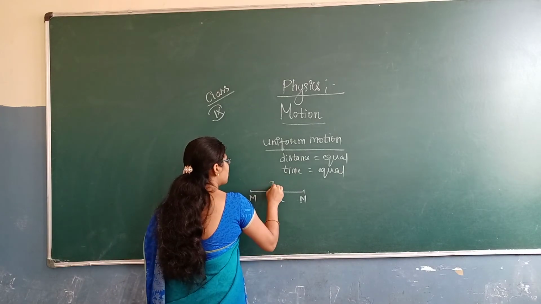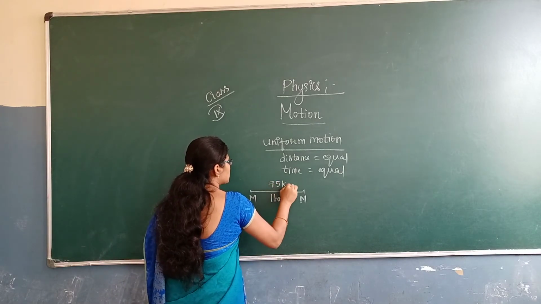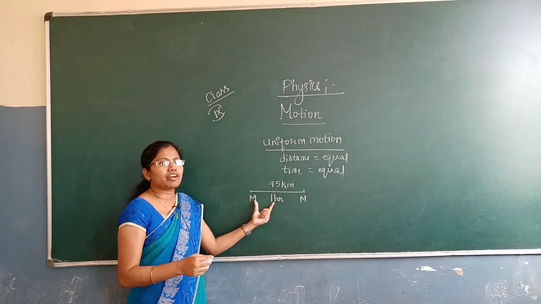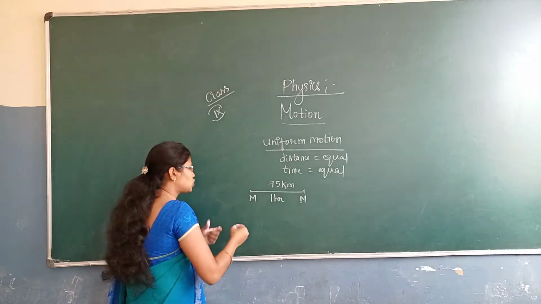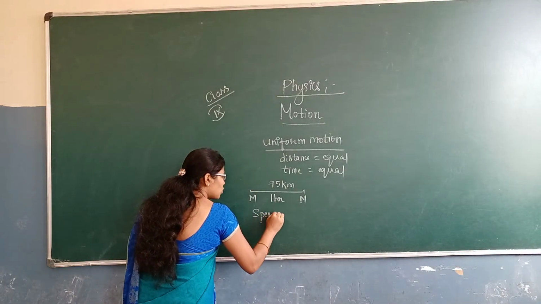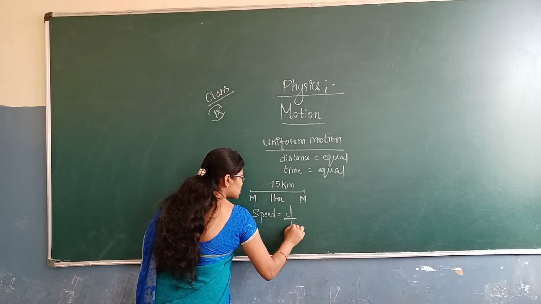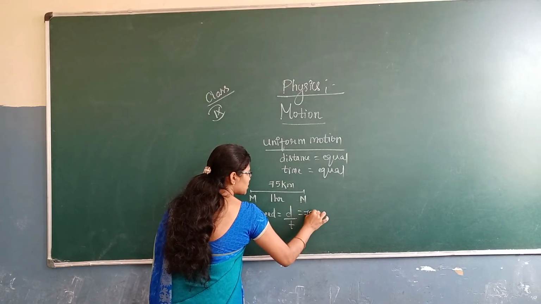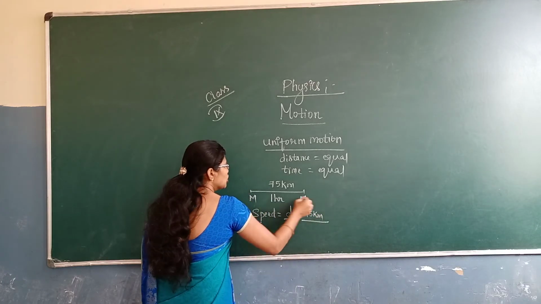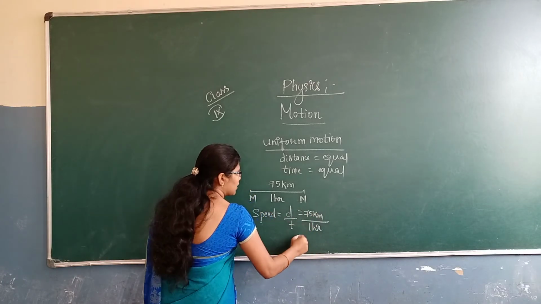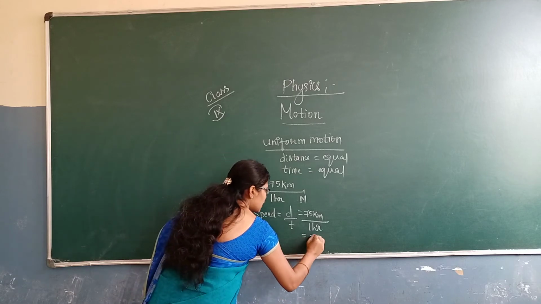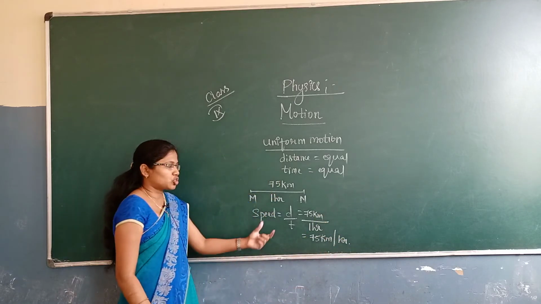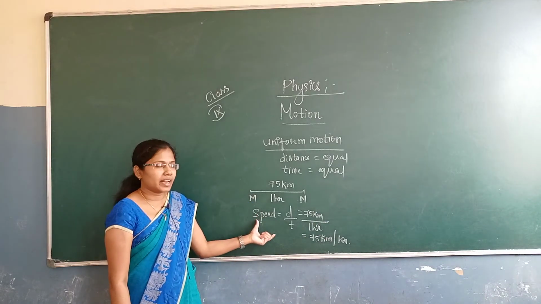In that 1 hour, it has covered a distance of 75 kilometer. Then how do we find the speed? I told that speed is equal to distance by time taken, correct? Distance is 75 kilometer and time is 1 hour. Then the speed is 75 kilometer per hour. So this is the speed, right?